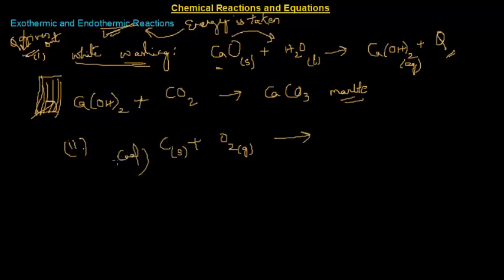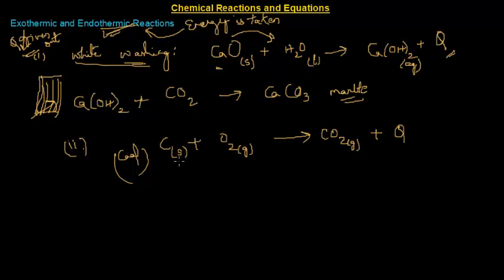Coal contains carbon, right? So, carbon reacts with oxygen to form carbon dioxide and liberates a lot of heat energy. In this way, the ironing of clothes is done by our dhobi, right?